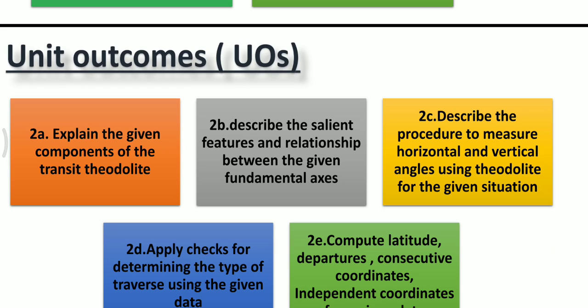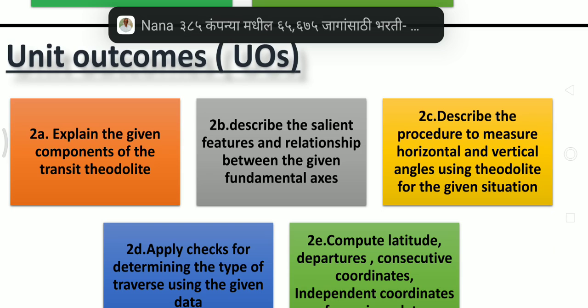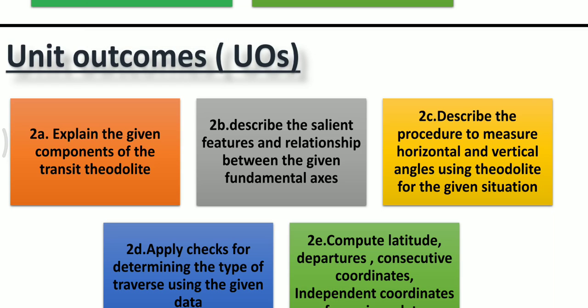Next, describe the procedure to measure horizontal angle and vertical angle by using the theodolite for the given situation. In previous lectures, we only measured the horizontal angle with the help of the prismatic compass, and in plane table survey we do not measure horizontal angles. The limitation of the prismatic compass is that it only measures horizontal angles.